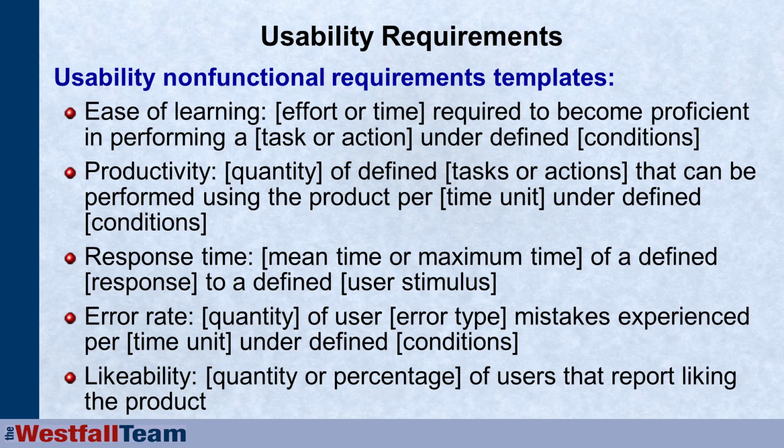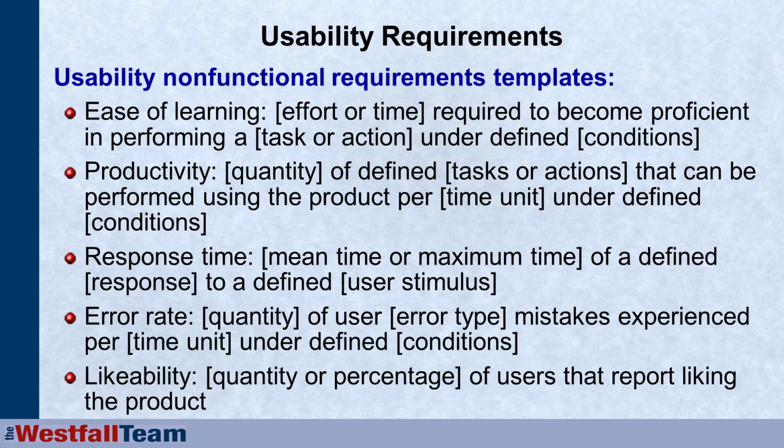You can talk about the productivity. Now it's not the productivity of the system, it's the productivity of the people using the system. So the quantity of defined tasks or actions that can be performed using this per time period under, again, specific defined conditions, which may mean something like they've been trained, they have their training.